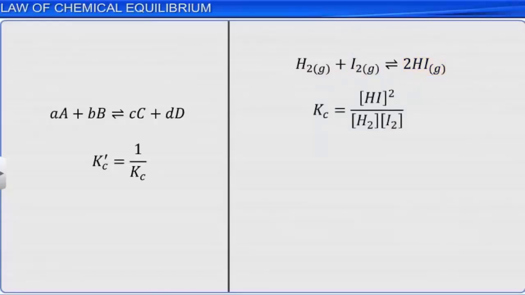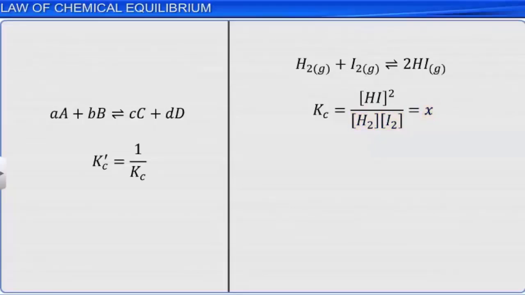The equilibrium constant for this reaction is written as Kc equal to the concentration of the product, hydrogen iodide, raised to the power of 2 divided by the product of the concentrations of the reactants, hydrogen and iodine. Let us say this is equal to x.